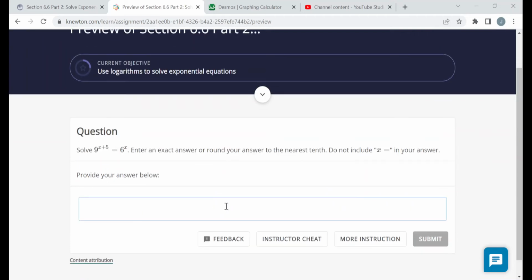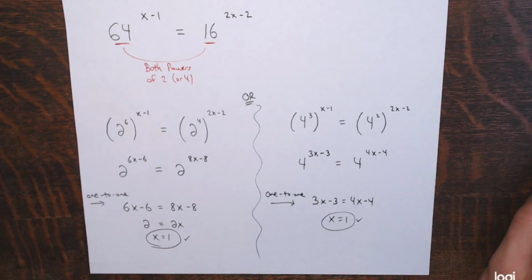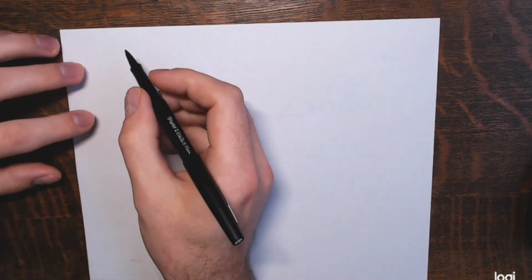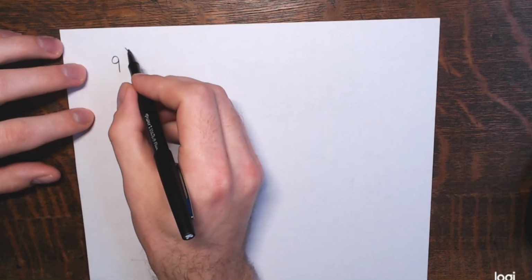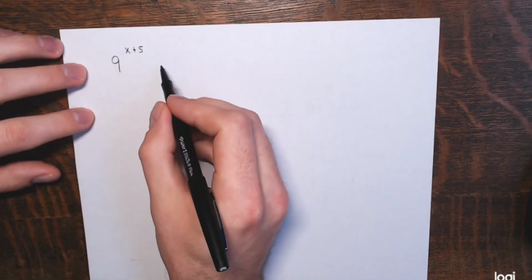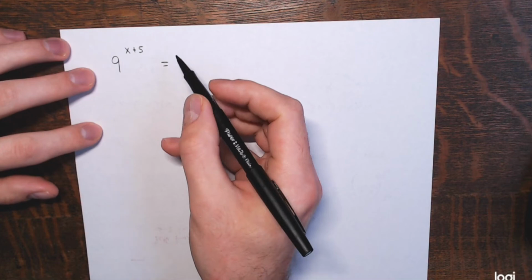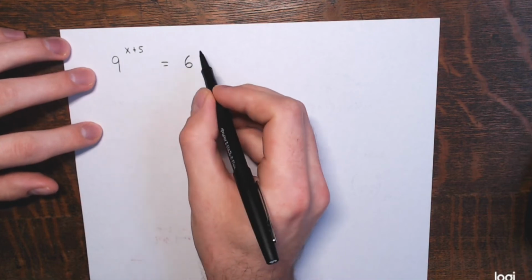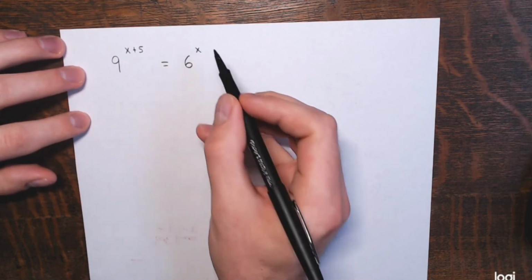Or you can do it the way they're showing you with the logs on both sides. That was the first method. All right, so once again, I'll write this out. So on the left side, we have 9 to the x plus 5 power. On the right side, we have 6 to the x.